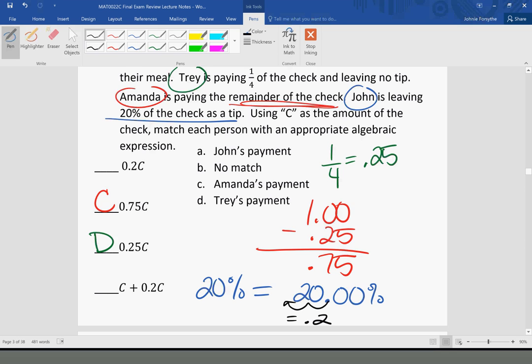So that's going to be John, which is A. And so there's no match, so this will have to be B. This would mean that somebody's paying for the entire check plus 20% of the check. So this would be what the check is plus the tip that John is leaving.